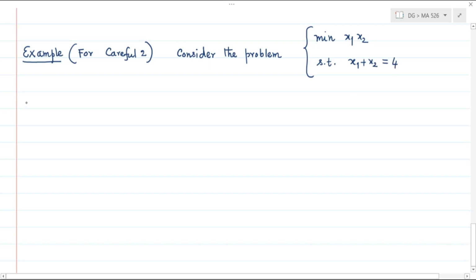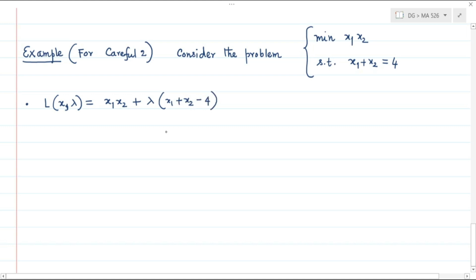If we deliberately apply the Lagrange's multiplier rule, at first we will construct the Lagrange's function L(x, lambda). x has two components, x1, x2, and L is given by the objective function plus lambda times (x1 plus x2 minus 4), right? This is your Lagrangian function.